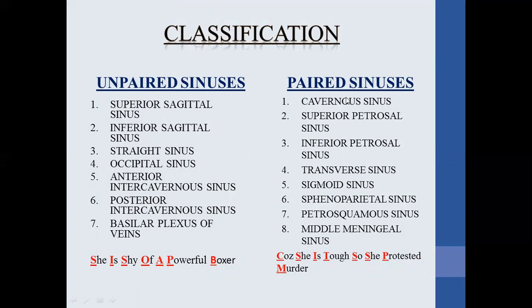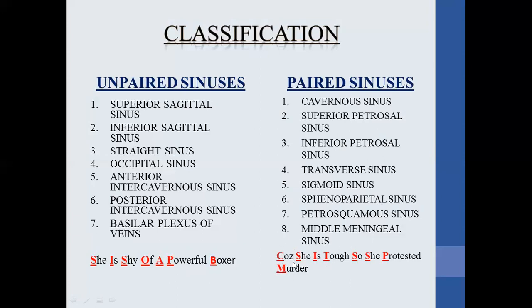The paired sinuses are cavernous sinus, superior petrosal sinus, inferior petrosal sinus, transverse sinus, sigmoid sinus, sphenoparietal sinus, petrosquamous sinus, and middle meningeal sinus or vein.